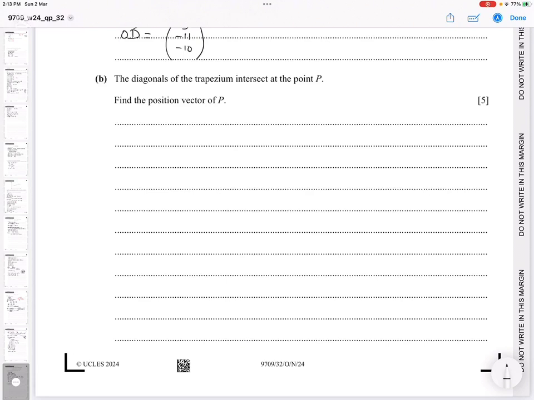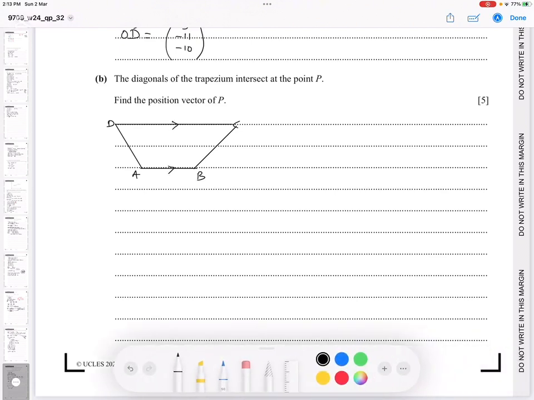It means that if I draw a sketch, this is my AB and this is my DC, 3 times bigger than AB. And here are my diagonals. Here is my P.